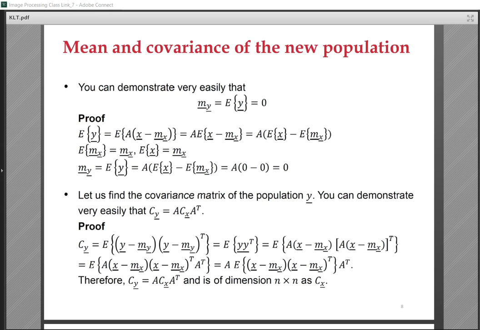E[y]: using the definition, what was y? y = A(x − mx). This is the KLT. E[y] is A times E[x − mx], or A times (E[x] − E[mx]).